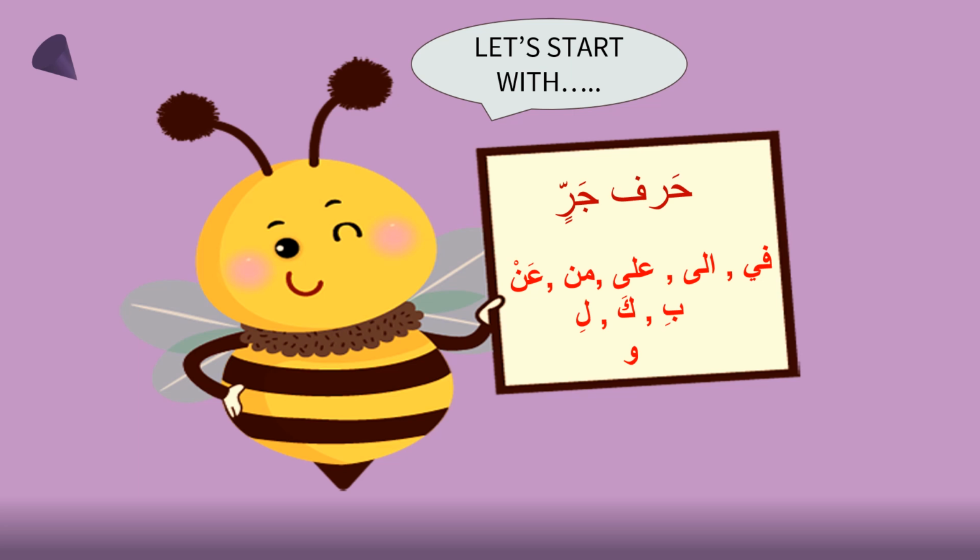In this video, I will first explain about the harf jars, and as you know, in harf jars we have all these harf jars, and the attached pronouns are easily attached with all the harf jars except the waw al-qasam. The waw al-qasam is in the group of harf jar because it gives a kasra to the coming noun, but it doesn't attach with the attached pronouns.